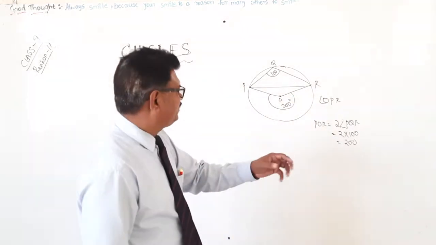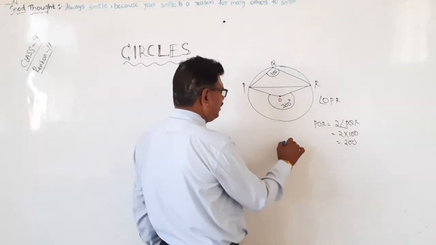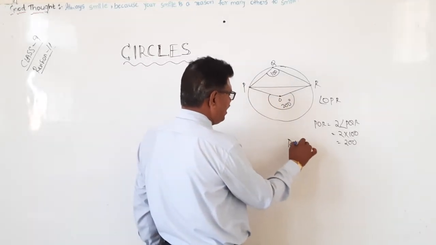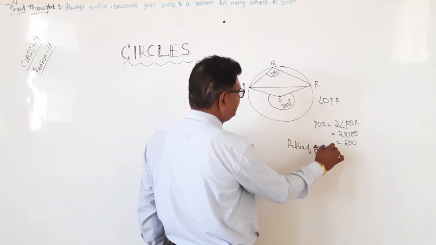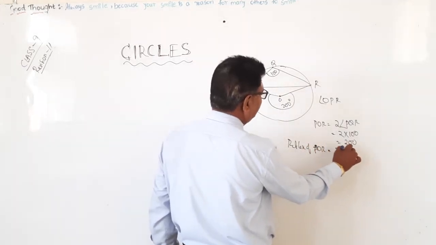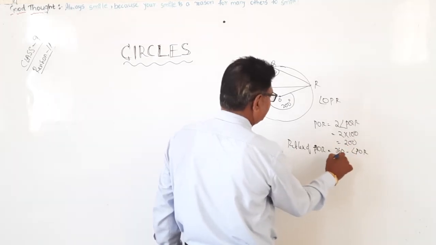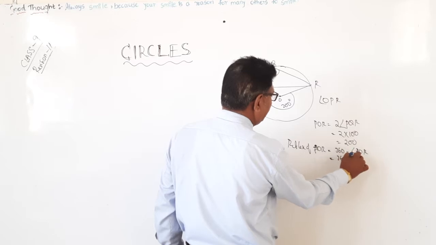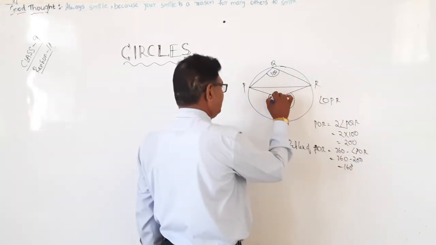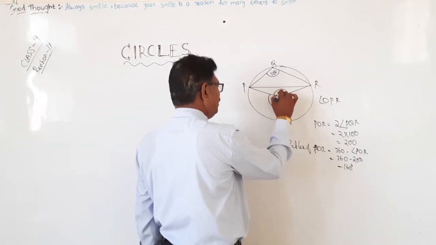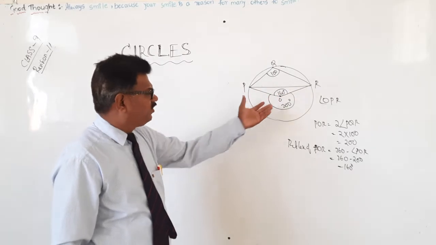Then can you guess what about this? Very simple. Therefore you can write reflex of angle POR is equal to 360 minus angle POR. Therefore 360 minus 200 is equal to 160 degrees. Now we should find out OPR.